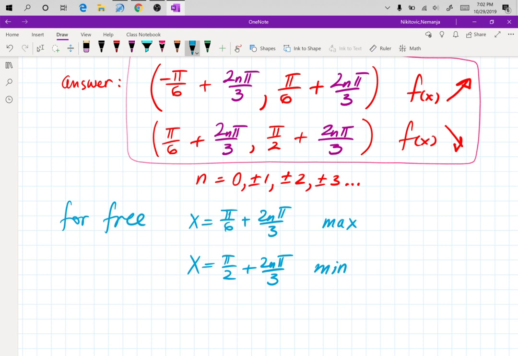Let's take a look at one more example. So we did polynomials. So let's find either exponential or logarithmic, something beautiful that you are going to enjoy.